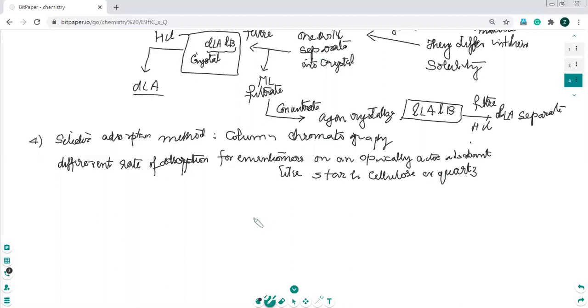So these are the optically active adsorbents. Now, the D and L enantiomers will move in the column at different rates, and they can be collected in separate test tubes or vessels. So this is the method. This method can be applied for racemic camphor.